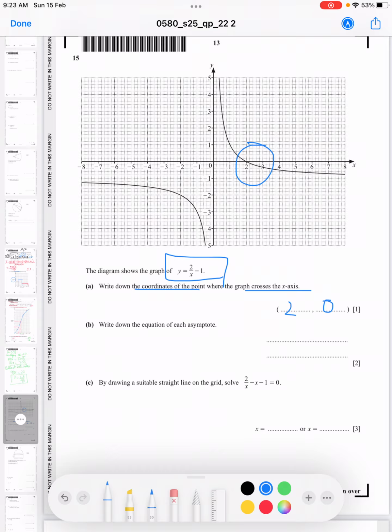Right? Now the second part is write down the equation of each asymptote. We need to find out the equation for each asymptote. So these are the asymptotes. These are the lines that are close to our graph but never touch it.